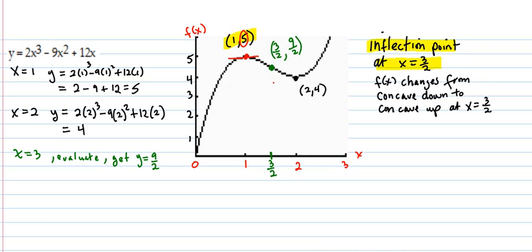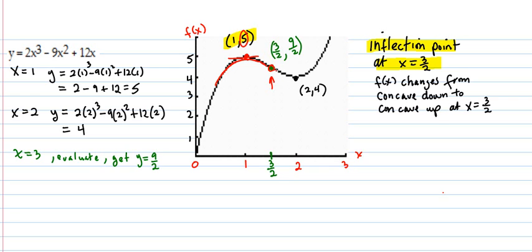Then we do have our inflection point, and see how it looks. It's concave down. The slopes coming from the left are decreasing, even becoming negative, and decreasing, getting more negative until this point right there.